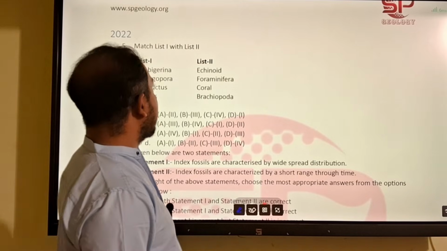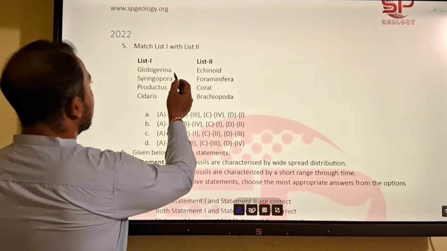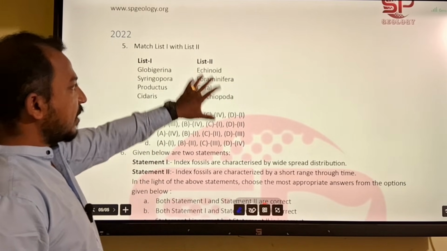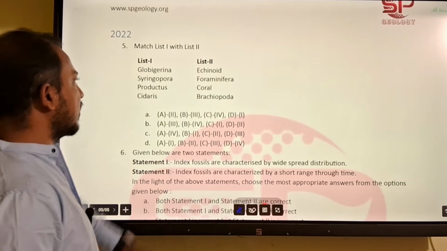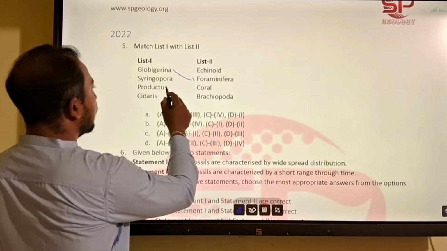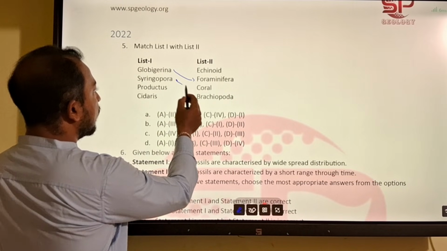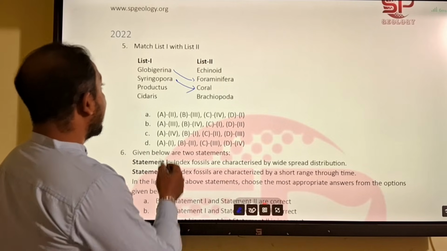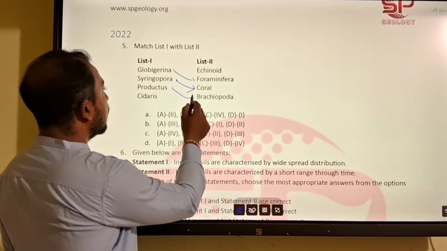Next we have a table match. These are the names of the species and their phylum or class given. Globigerina belongs to Foraminifera. Syringopora is a coral; Syringopora, Heliopora, Tubipora are all corals. Productus belongs to Brachiopoda.